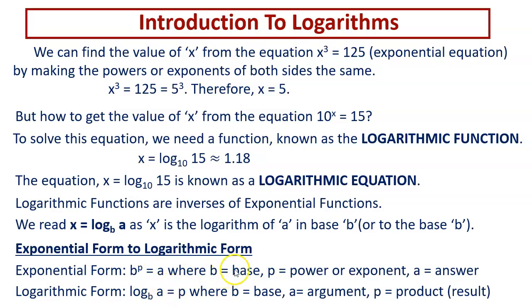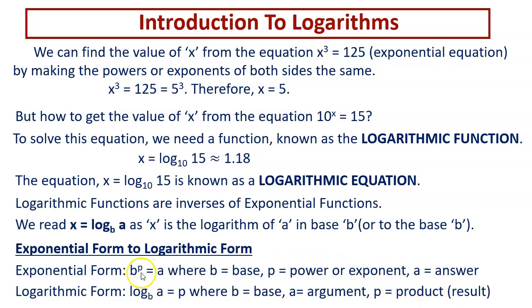Okay, both words start with a, and the only letter that is remaining, that is p, has to come on the other side of the equal to sign. p is the power or exponent for the exponential equation, and for the logarithmic form, it is read as the product with the meaning of result. And if you are not very satisfied with this word product, you may leave it.